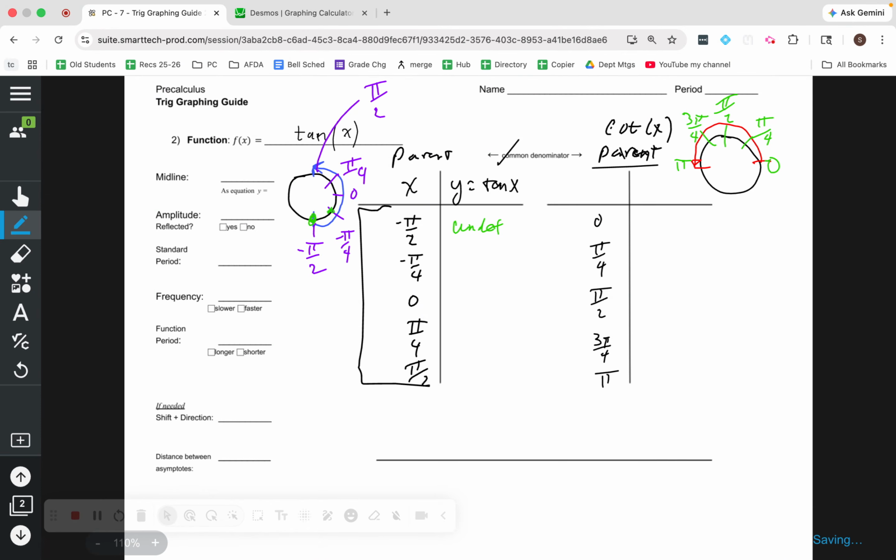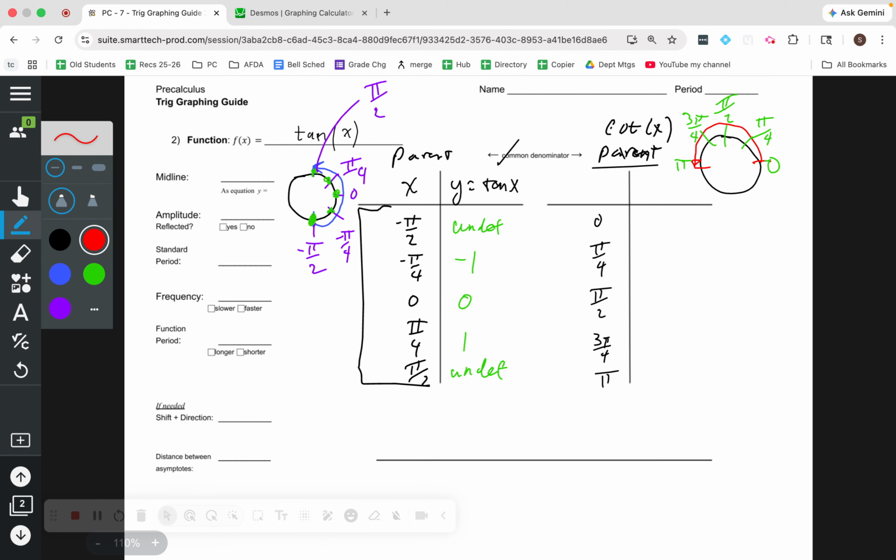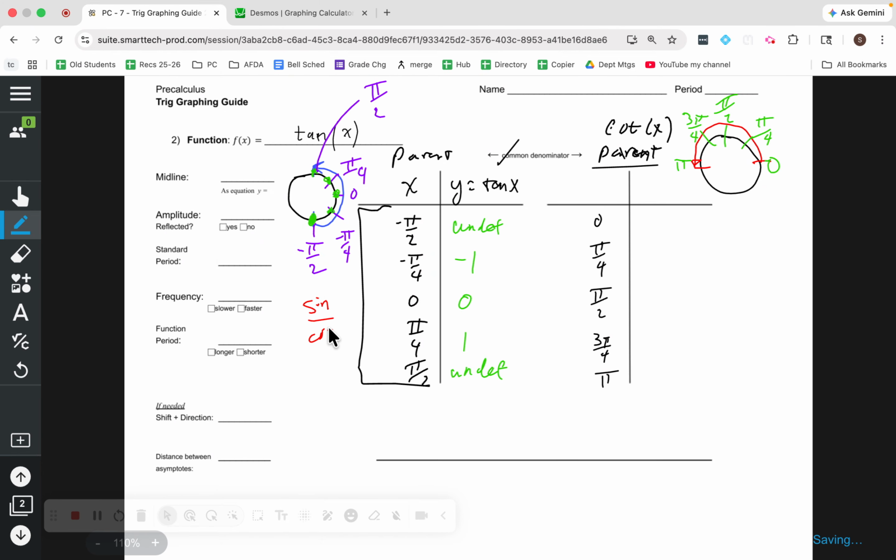Tan here is negative 1. Tan here is 0. Tan here is 1, and here it's also undefined. And that's because cosine is undefined here. And what is tan? Tan is defined as sine over cosine. So when this is 0, tan is undefined.